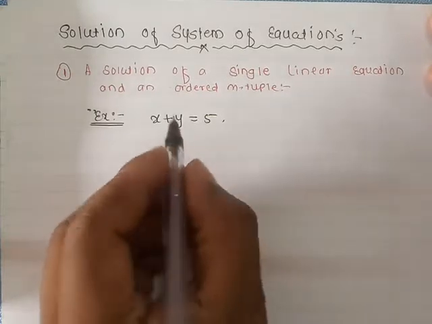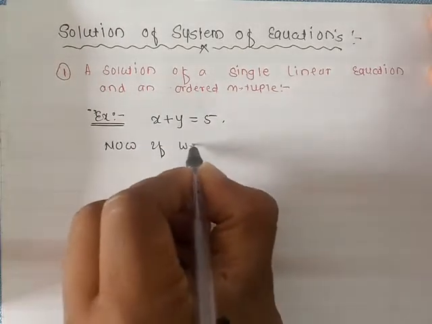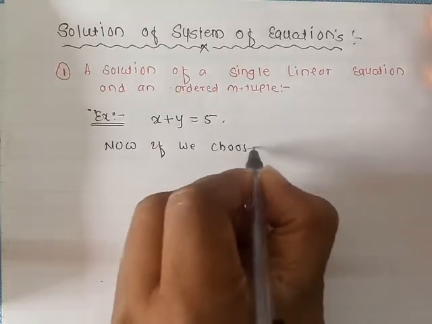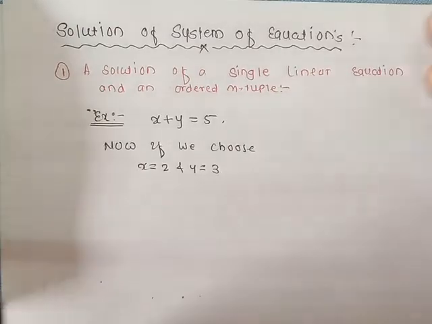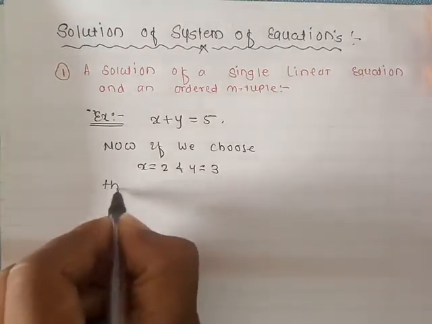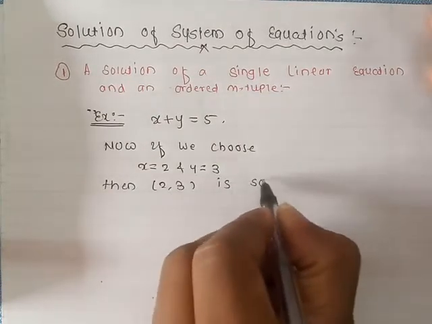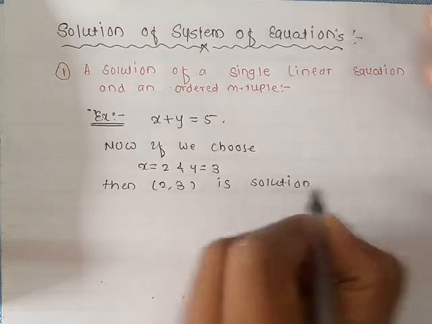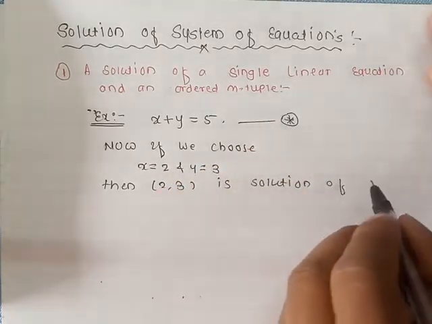Now if we choose x equal to 2 and y equal to 3, then 2 comma 3 is a solution of this equation, call it star.